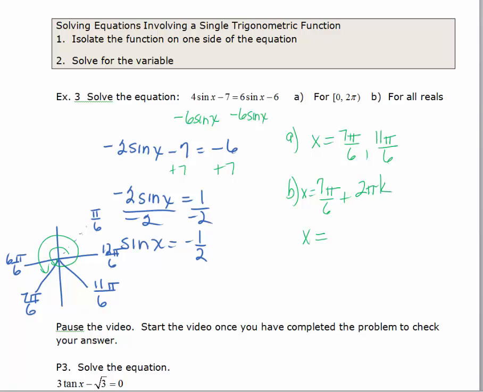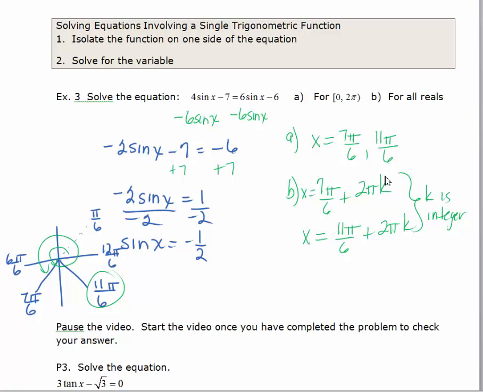Also, x will equal 11 pi over 6 plus 2 pi k. And it's important to specify that k is an integer. So at this point, you're done with the problem, but I do want to show you how this whole idea of 2 pi k will generate more solutions.